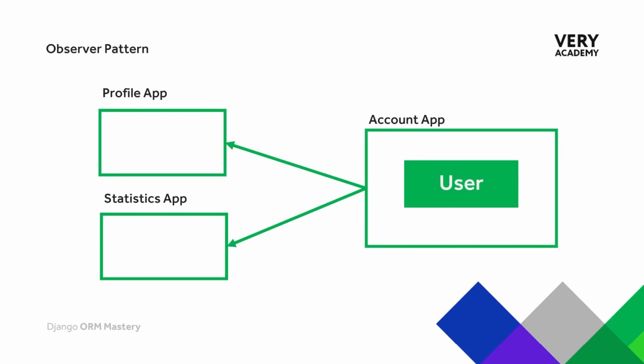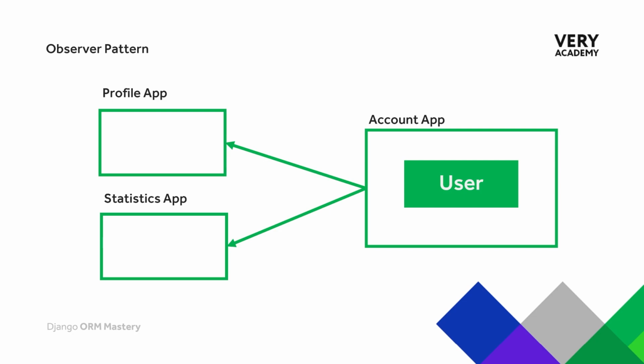Now, the problem here is that all this code would be within the accounts app. Now, that isn't necessarily a problem. However, if we were to try and build applications that were loosely coupled, so for example, if we wanted to build a statistic app, which we wanted to use on multiple applications, then this approach might not necessarily be the best approach, because in order for the statistics app to work correctly, we're relying on the account app to do some of the logic that the statistic app relies on.